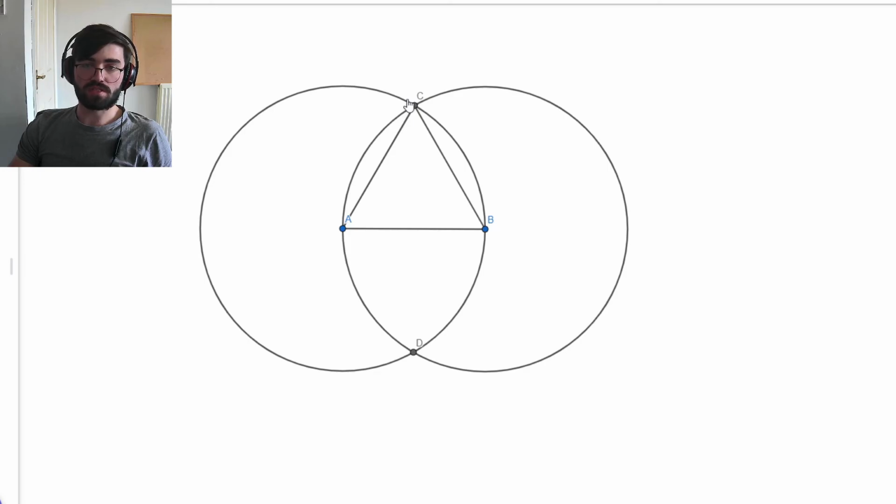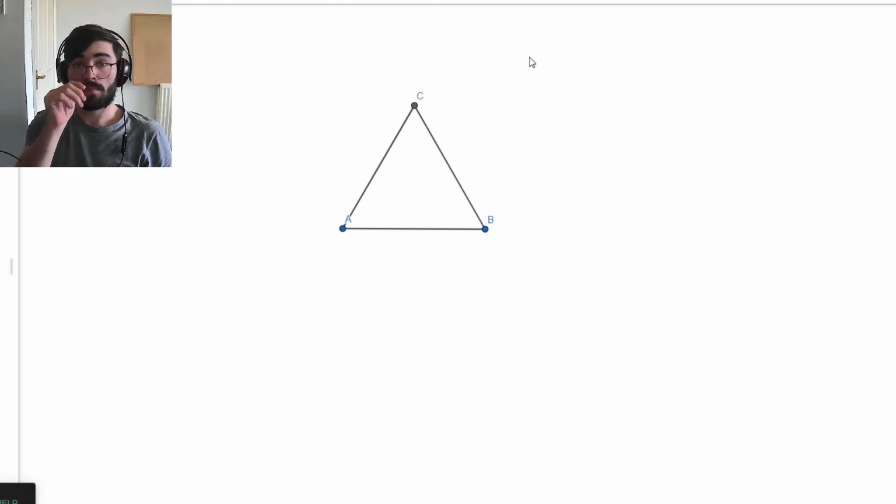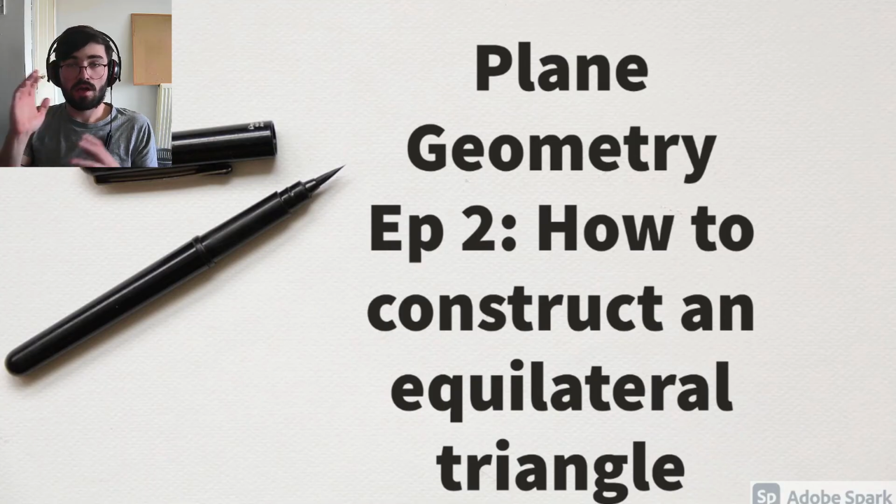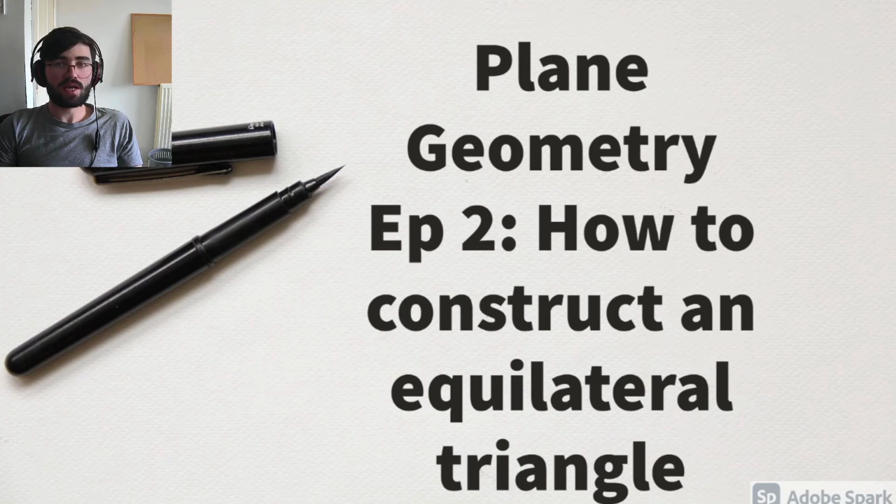C is on this circumference, therefore this line and this line must have equal length. And if you don't believe me, I will hide these things and boom, there we have an equilateral triangle. And that's how you construct an equilateral triangle.